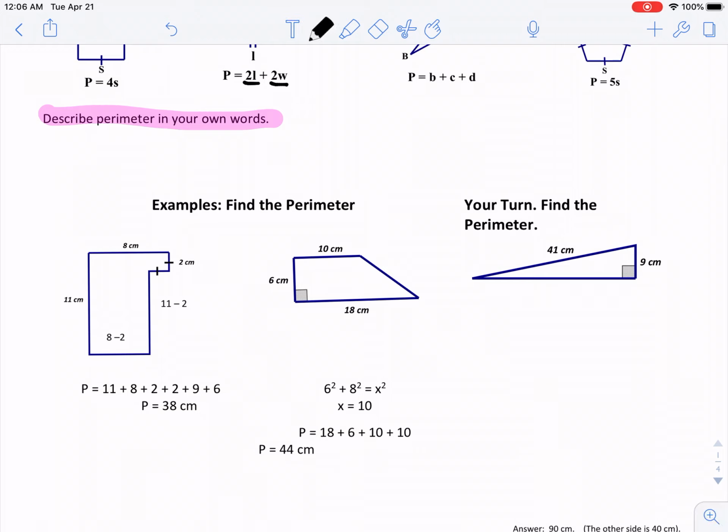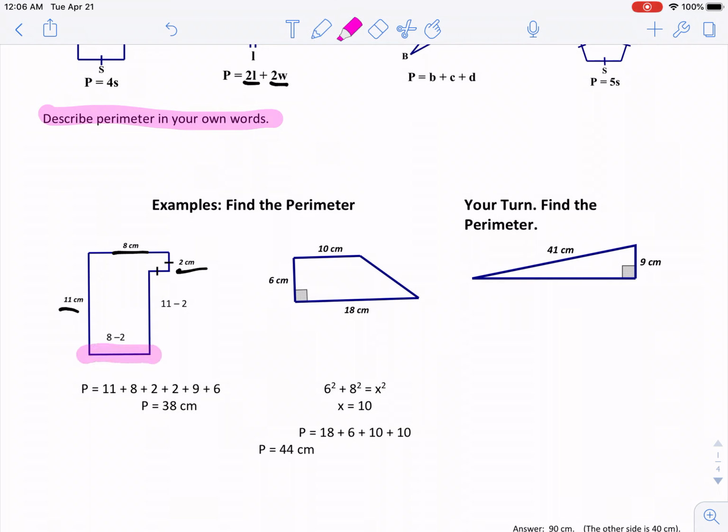This first one over here, we know this side's 11, 8, and 2. That's what they give us in this problem. This bottom side right here, let me highlight that.